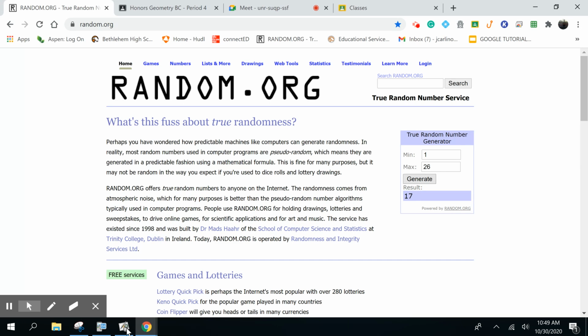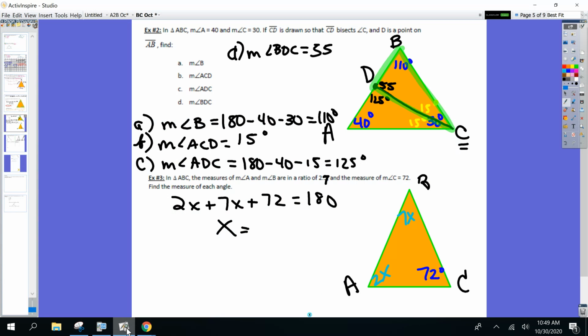Maeve, what do you got? 12? Yep, good. 12. Again, I've been preaching this to you guys all year, especially on your tests and quizzes. X doesn't mean you're done with the problem. Not in this case either. Find the measure of each angle. Each angle. So take 12, plug it back in, and let me know what angle A and angle B turn out to be.